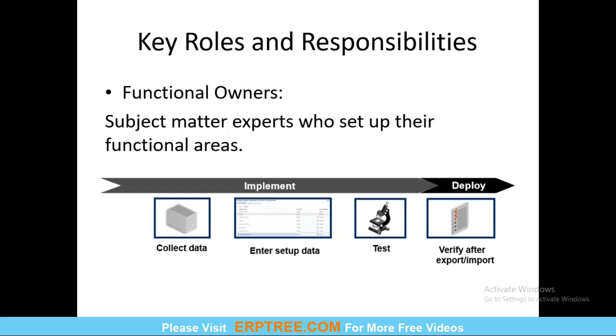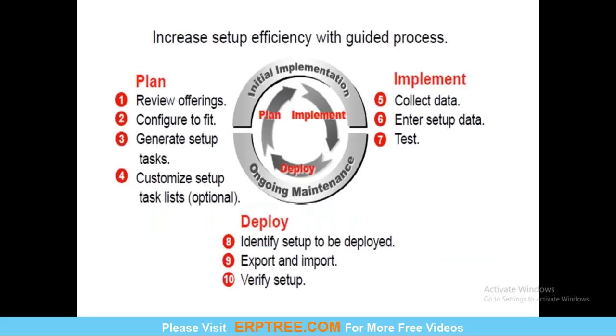Then the functional owners here, they will collect the data and enter the setup data and test and verify import. So this is mostly your user roles, who will actually do the transactions, and you can briefly understand the three phases. Part of your implementation project, you plan whatever offerings you're going to implement, and you will generate the setup and task list. How do you generate it?